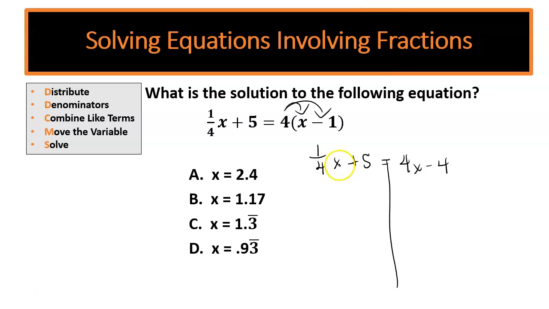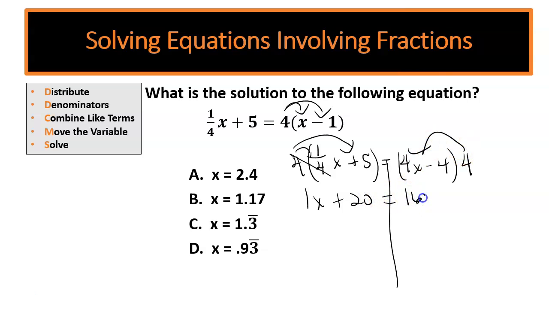Now denominators, my denominator is 4, so I've got to multiply by 4 on both sides. Remember, all I have left here is 1x, but I still have to multiply 4 times 5, which is positive 20. 4 times 4x is 16x, and 4 times negative 4 is negative 16.